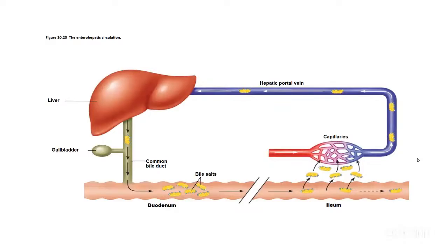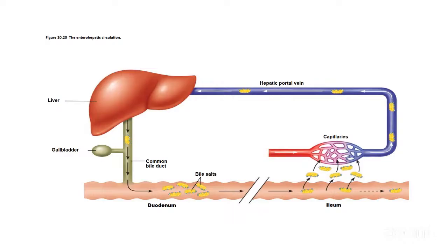So here we can see kind of our circulation of the bile salts as they're doing this process, and then also getting reused. So you don't need those bile salts once you've broken up the larger fat droplet. So we're not going to excrete them all out.